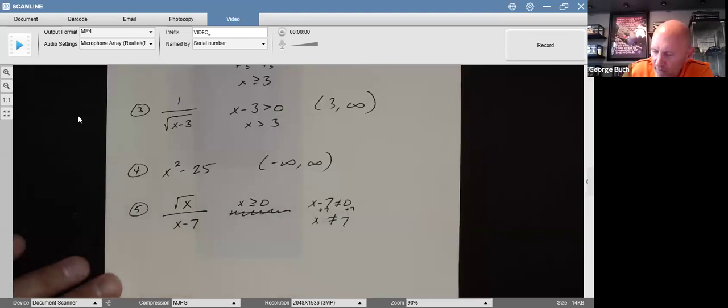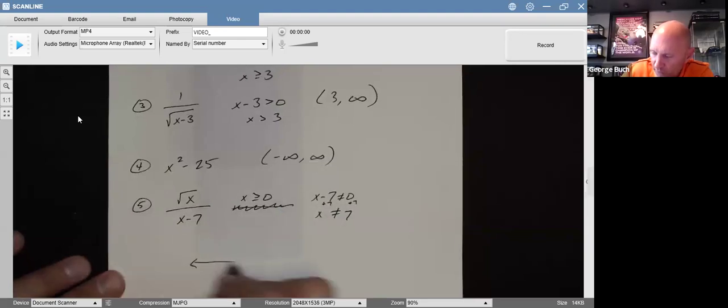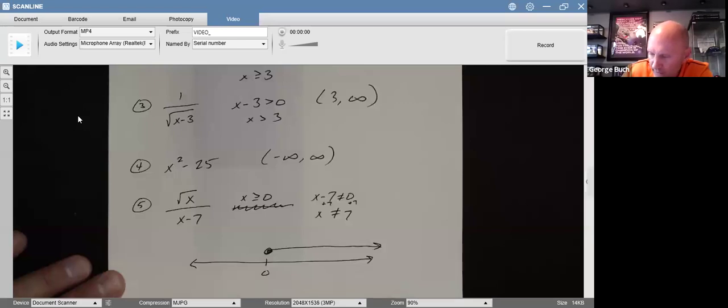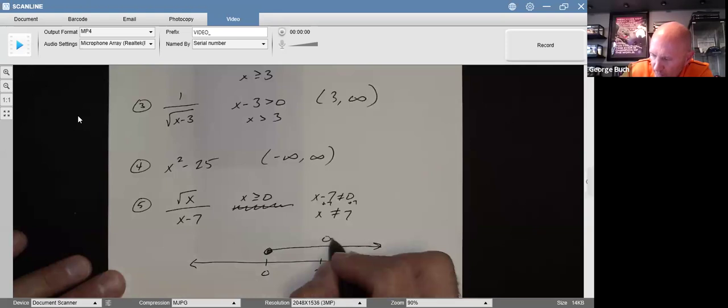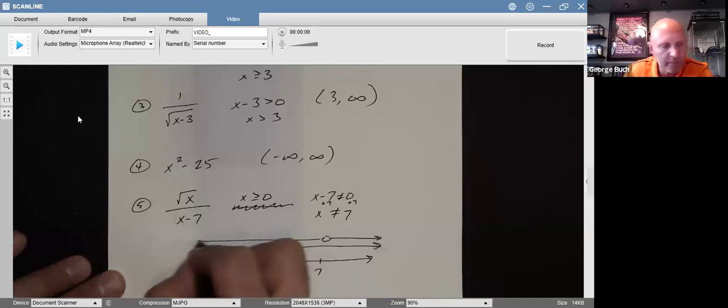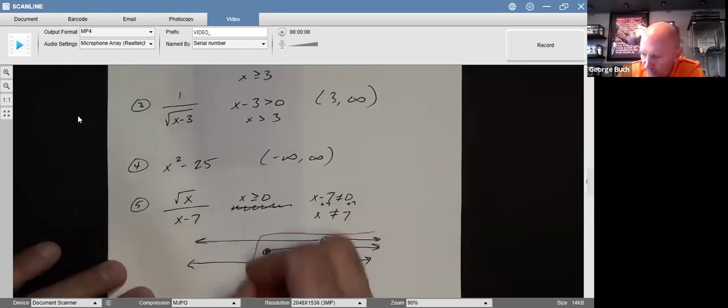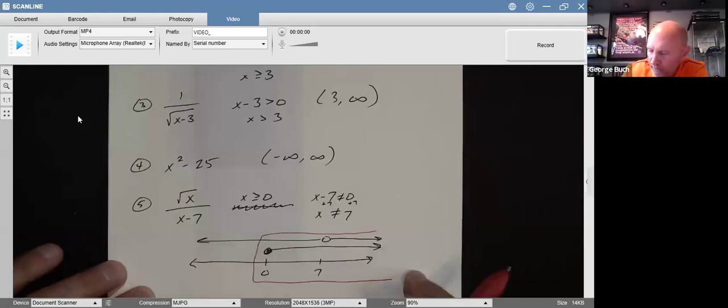Now when we have these multiple sets, it's better to draw it on a number line. I have greater than or equal to 0, so that's going to be a closed circle going to infinity. And x can't be 7, so that's an open circle at 7, but everything else is fine. And so my overlap is what? My overlap is everything from 0 to infinity, but not including 7.